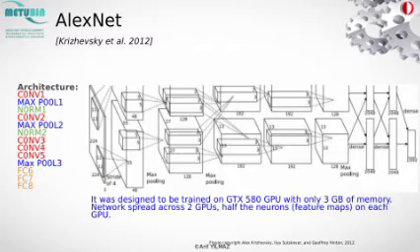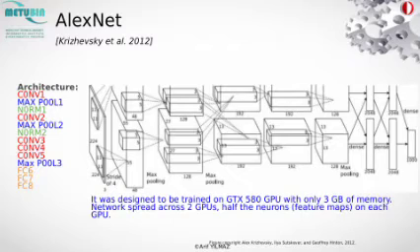So let's inspect Alexnet. It is a pretty large network, and it contains a lot of parameters to train. It actually didn't fit on one GPU, so they divided the network across 2 GPUs. They used GTX 580 GPUs, which contain 3 gigabytes of memory.